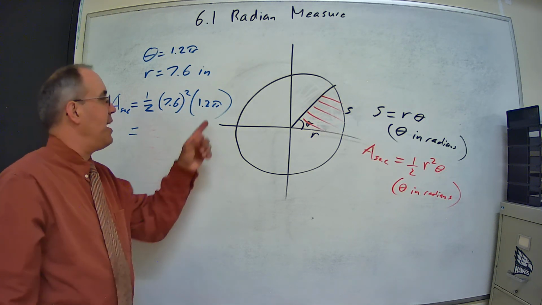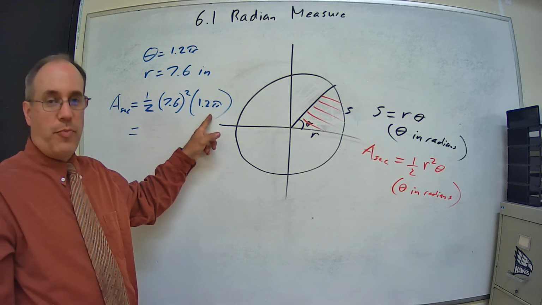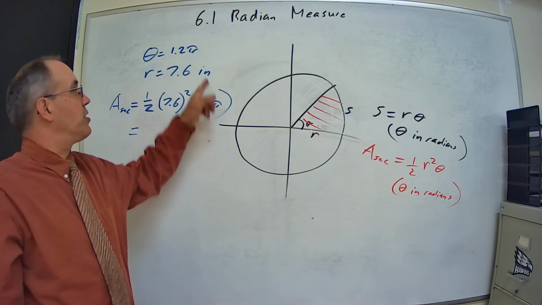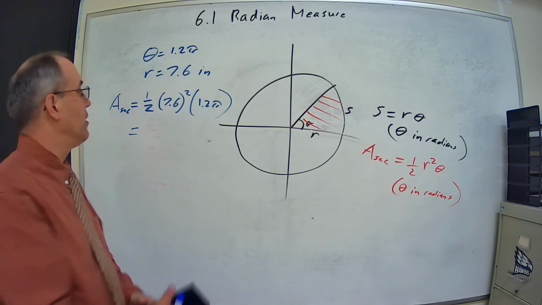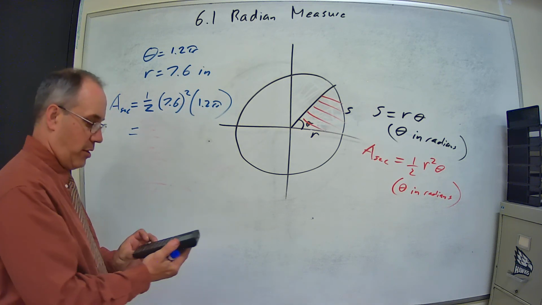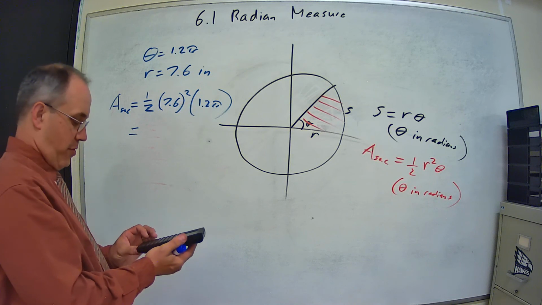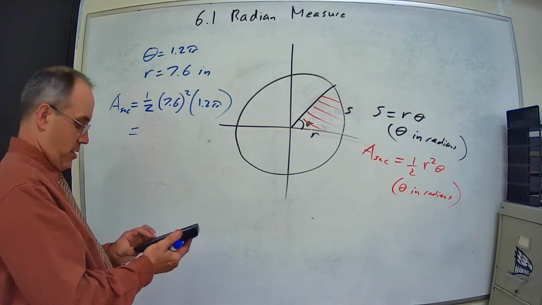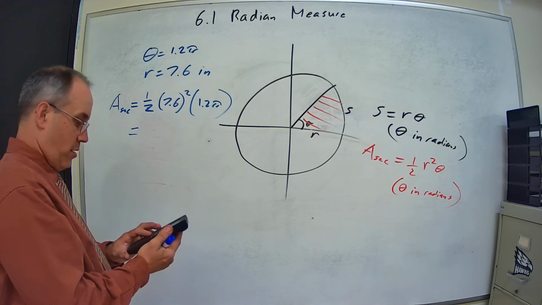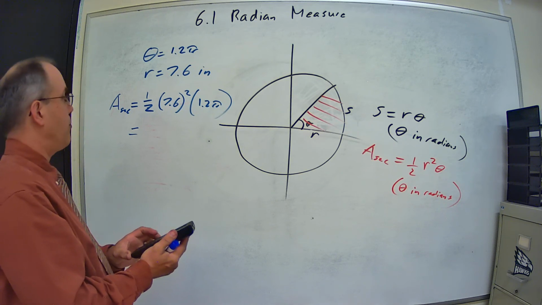We have an area, I don't really care to have it in terms of pi, especially considering we're dealing with inches. You wouldn't say such and such pi inches. So I'm going to actually go through the calculation. So I have 1/2, 7.6 squared, which is 57.76.